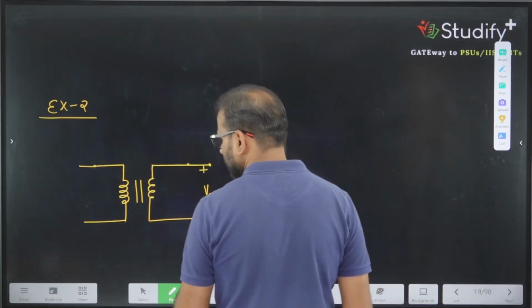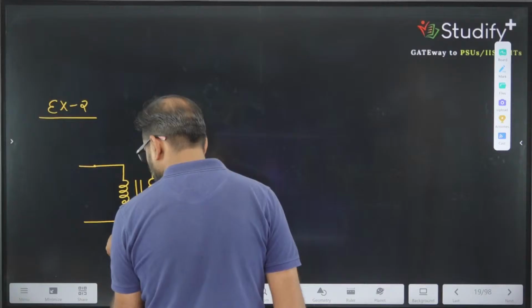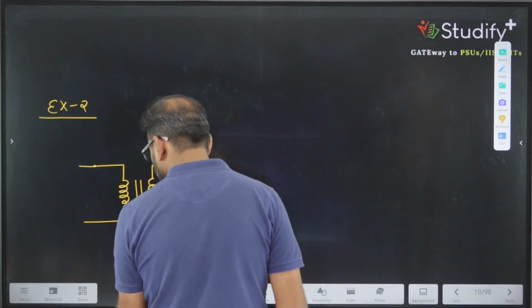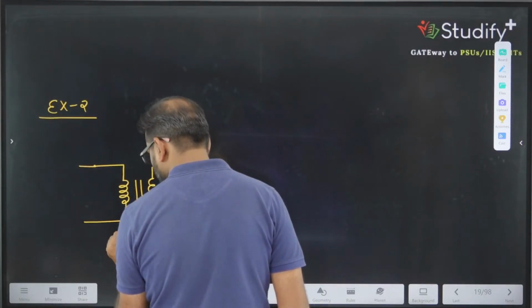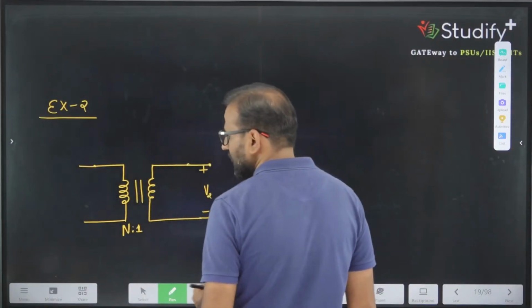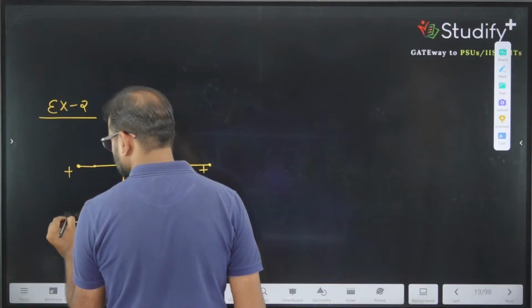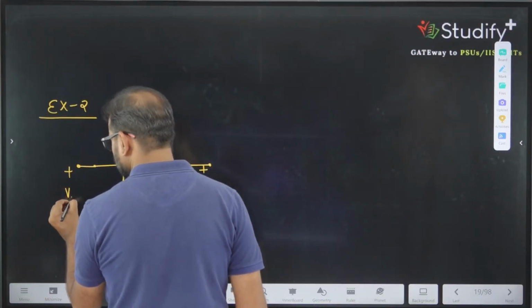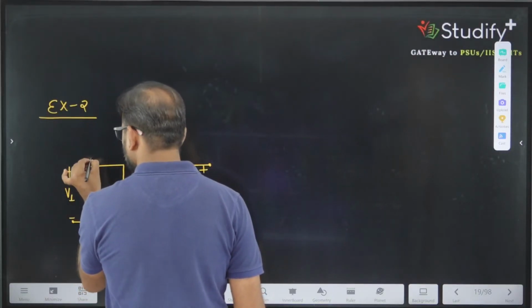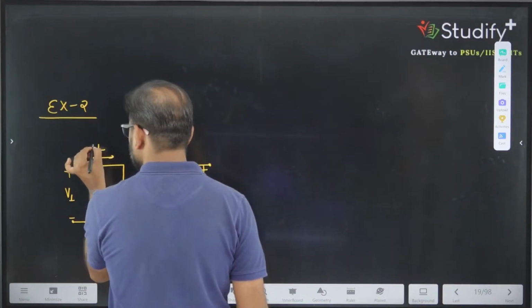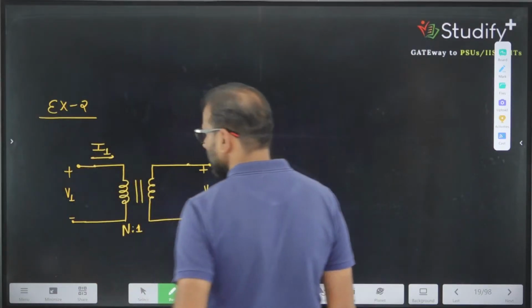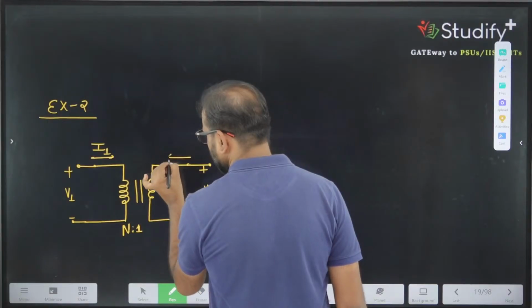This value is V2, the turns ratio is N by 1, and we are calling this V1. I am calling this value I1, and this value I2.